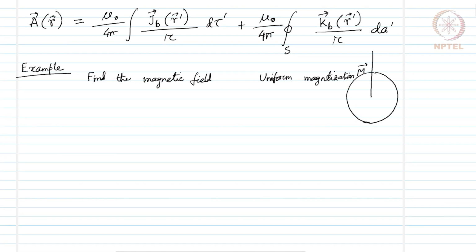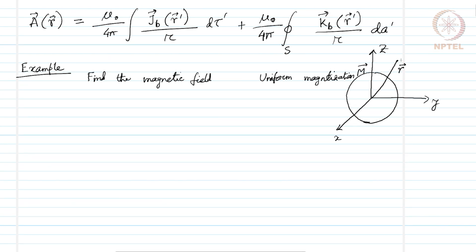That does not mean the magnetization can be radial. It must point along one direction, and it is better to choose that the z direction. So, we consider in this picture that the magnetization is along the z direction, and we want, say, the magnetic field somewhere here, that's r position vector.